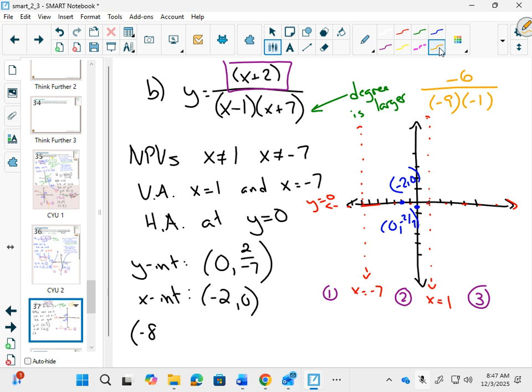So that's going to simplify to negative 6 over 9, which if I reduce it, negative 2 over 3. So I can draw a point right here, negative 8, negative 2 over 3. And technically, once I have that point, that is enough to draw my graph in that section.